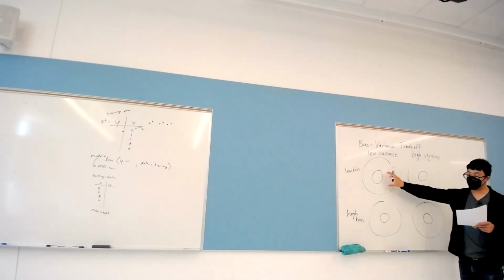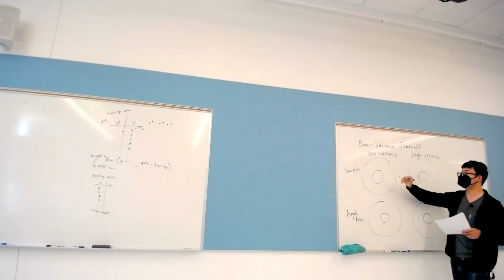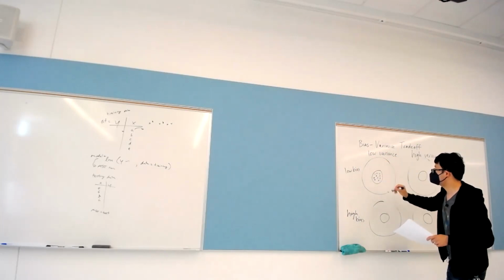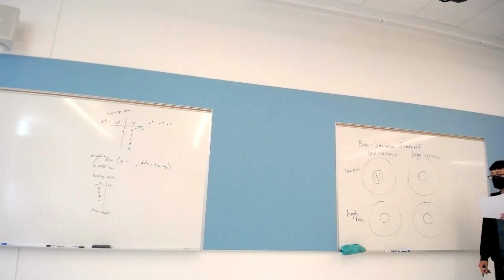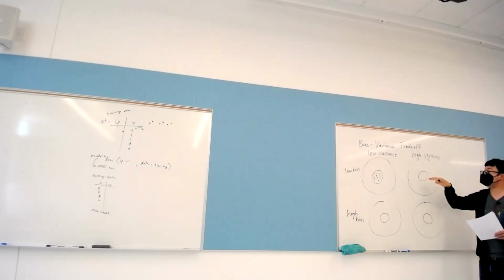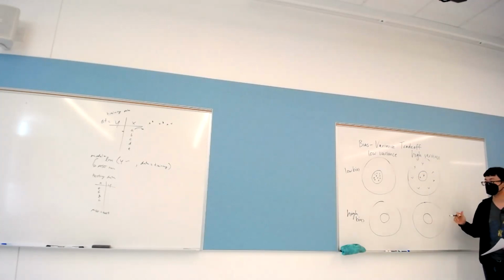Essentially what you're aiming for is this guy right here. You want a low bias, low variance. So in your bullseye, you end up making predictions where everything is centered correctly. If you have still low bias but high variance, you might have something that looks like this. So you're still centered, but things are spread out. And we'll think about what this analogy means in our data analysis.